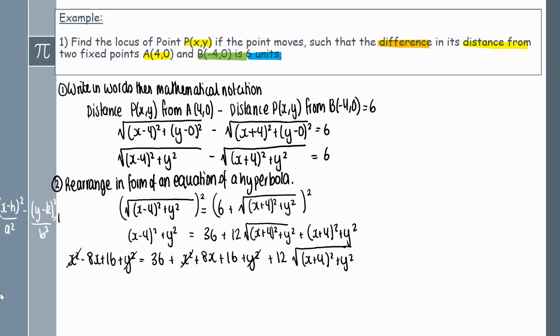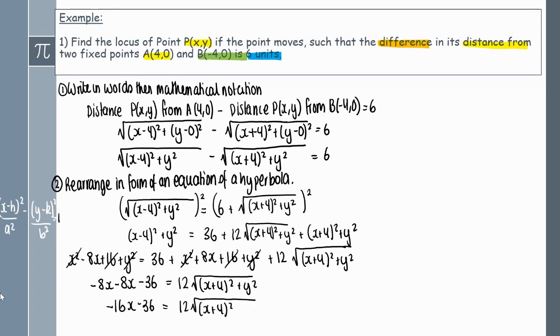What can we see? The y squares will cancel, the x squares will cancel, the 16s will cancel. All right, this is good. I'm going to move that plus 8x from the right-hand side to the left-hand side by subtracting, and I'm also going to move that 36 across by subtracting. I'm going to leave the 12 and the square root on the right-hand side. So if I do that, I get minus 16x minus 36 equals positive 12 times the square root.